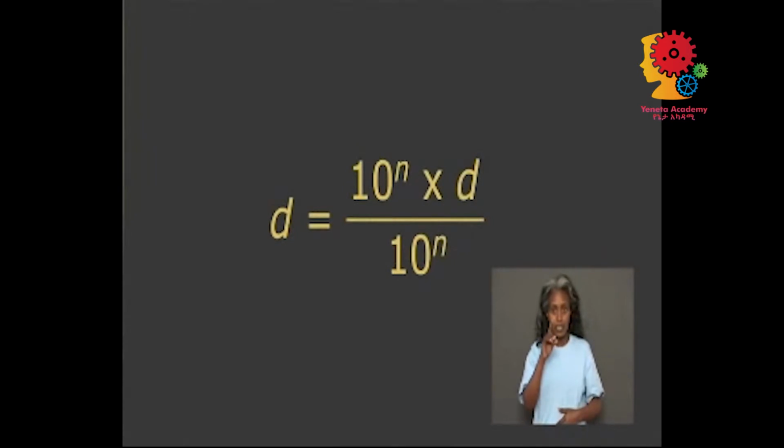If D is a terminating decimal number that has n digits after a decimal point, then we write this as D equals 10 to the power of n times D over 10 to the power of n.